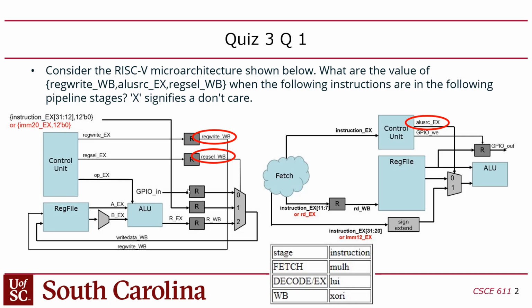Meaning that that instruction has use of the ALU and the register file read ports and the control unit, and then in the write back stage we have an XOR instruction, which means that it's just in the process of writing its result back to the register file.